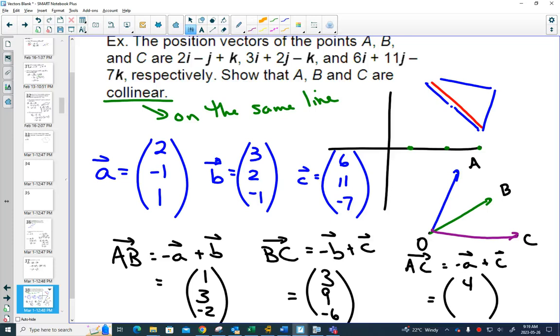So I wrote -A plus C, because that makes sense for me for how I get from A to C. But when I actually do the math, I'm going to go C minus A, 6 minus 2, that's 4. 11 minus -1, that's 12. And -7 minus 1, -8.